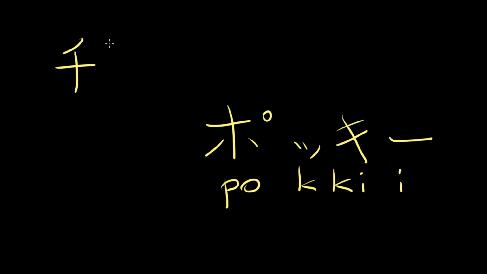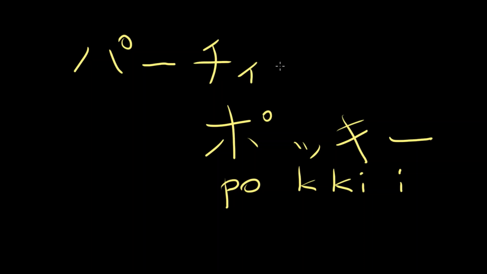So it's using these extender lines. So pa, and now this chi with a small e is an attempt to pronounce t. Party.